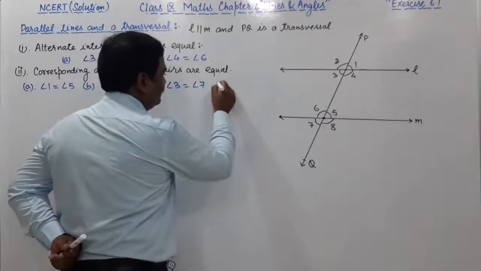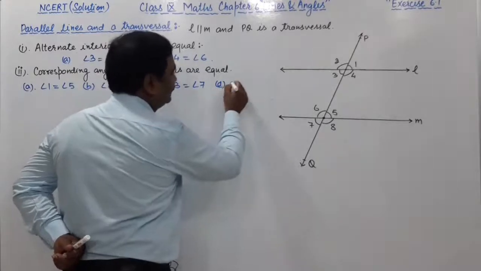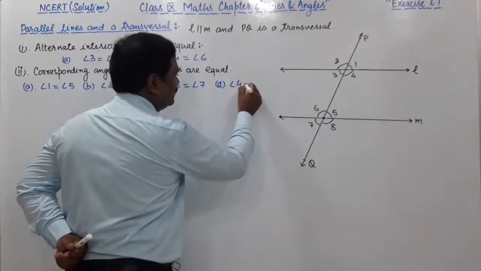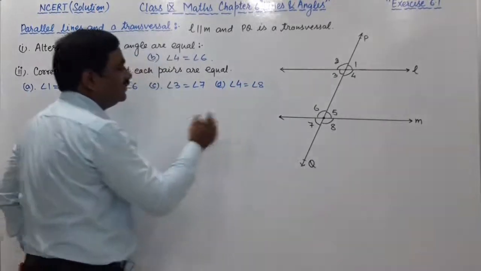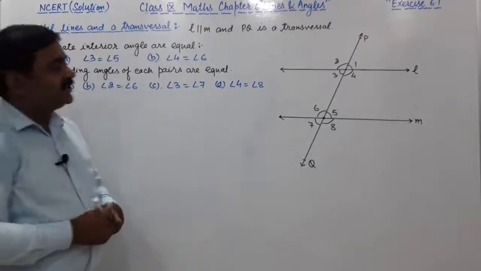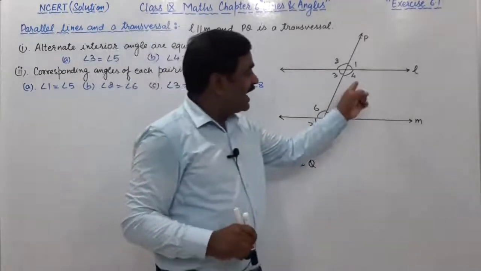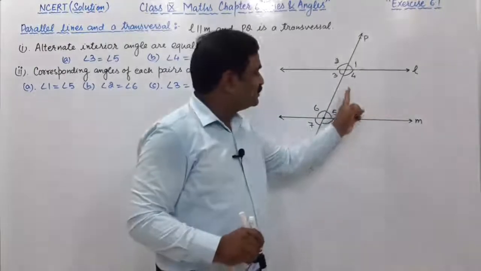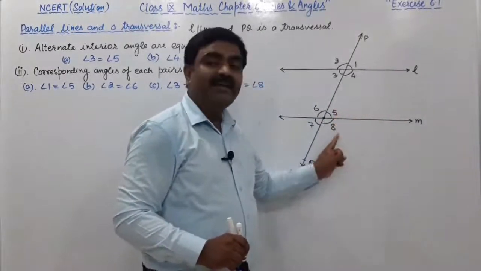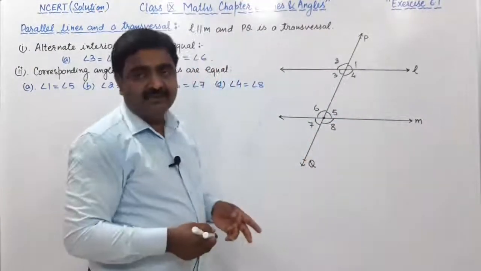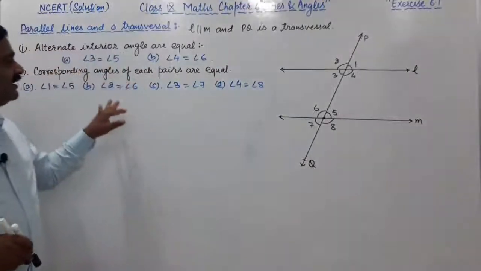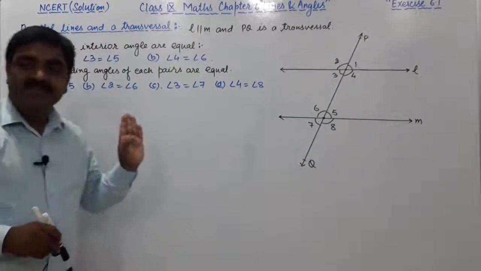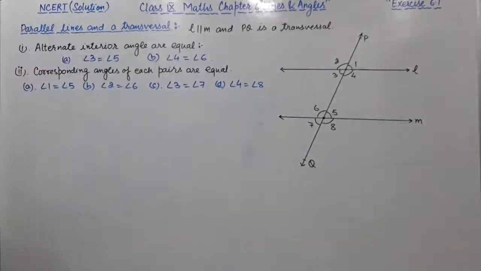And fourth pair, angle 4 is equal to angle 8. They will be equal in measure. It means if you are given a measure of angle 4, you can say that angle 8 is also equal to angle 4, right? They are corresponding angles. You just keep it in mind, right? Okay.